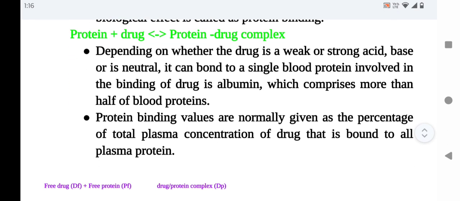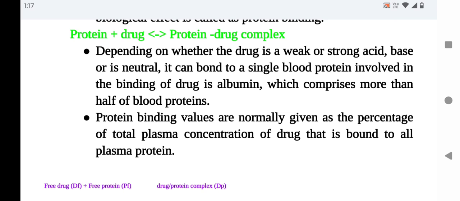Depending on whether the drug is a weak or strong acid, base or is neutral, it can bind to a single blood protein. Involved in the binding of drug is albumin, which comprises more than half of blood proteins.